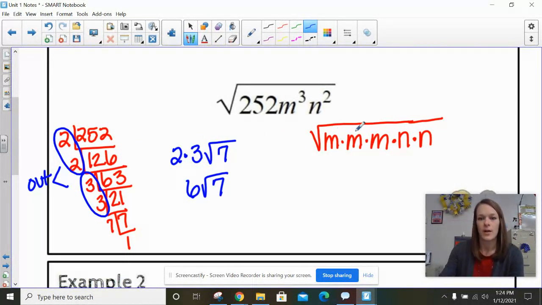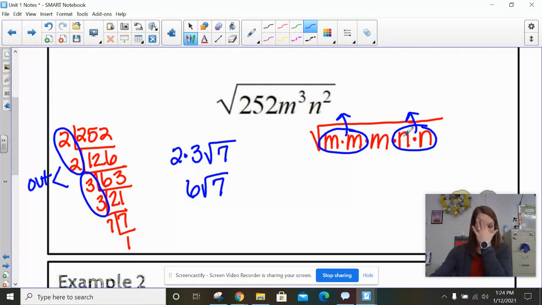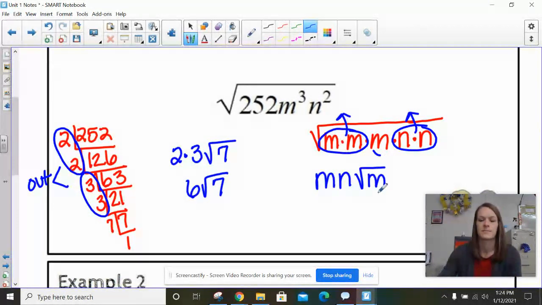So I know I have one pair of m's and that's going to come out of the radical. That one doesn't have a pair, but then I do have a pair of n's. So this is going to come out and this is going to come out. This will come out as m n radical, and then the m that doesn't have a pair will stay.